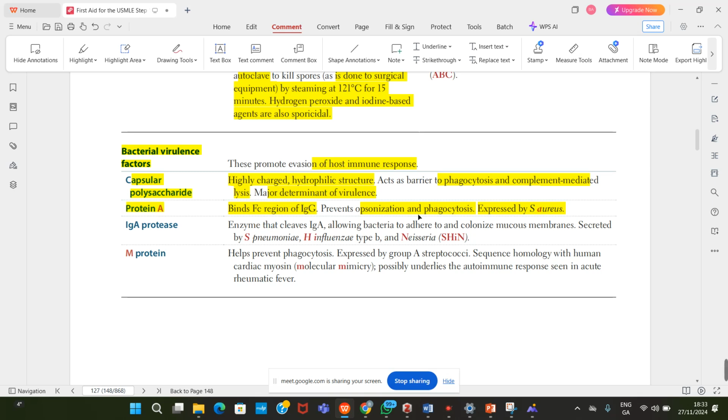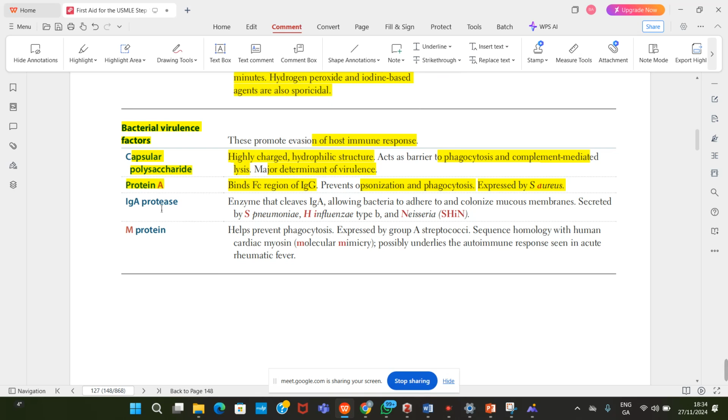So if there's no space for phagocytes and opsonins to bind, there's no way opsonization and phagocytosis can be completed. That is how Staph aureus evades opsonization and phagocytosis, because it releases protein A, which occupies the Fc region of IgG. Do we understand that? Is it clear to us?